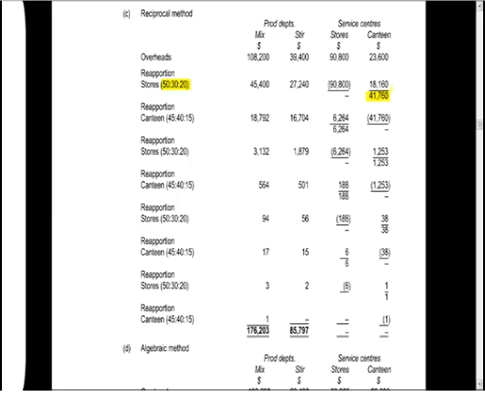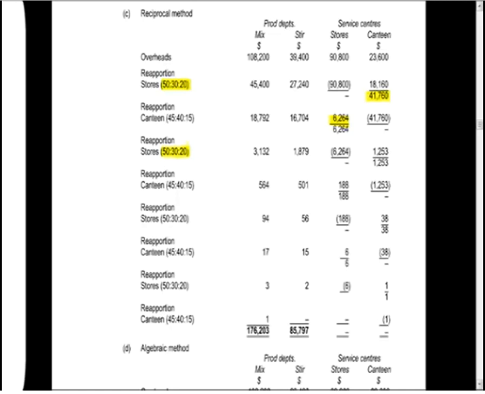So we might have nothing in stores now, but we've got even more in the canteen, which needs to be shared out. So we're going to share that out, 45% to the mixing, 40% to the stirring, but we're also going to put 15% into stores. So now we've got an amount in the stores department, and we have to go through the process all over again and reapportion the stores 50, 30, 20%.